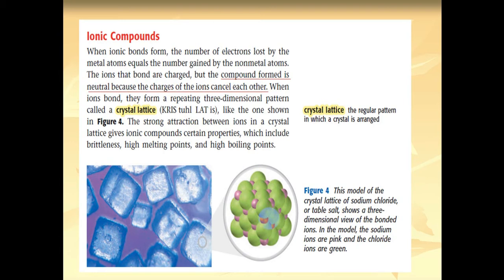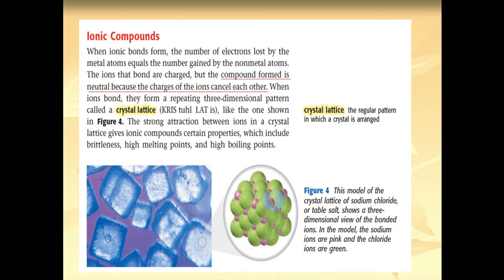Salt melts at 800 degrees. The bond here is very strong, so it's very hard to separate them. So the salt melts at high temperature and also boils at high temperature because of the strong bond between ions.